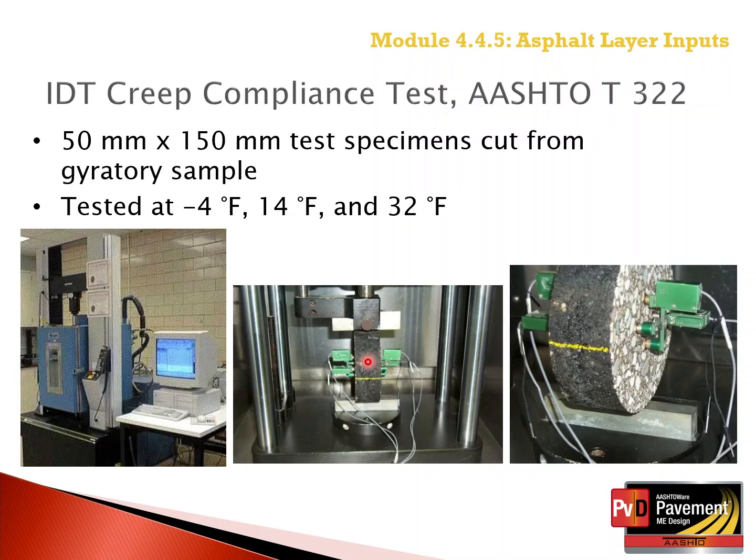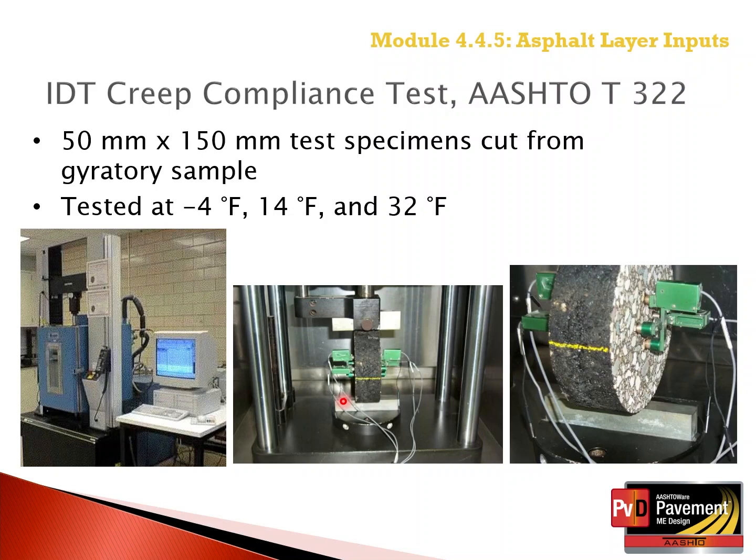The equipment typically consists of a servo hydraulic loading frame, environmental chamber, and computer-controlled data acquisition system. The photograph on the left shows the outside of the environmental chamber and monitor used to conduct the indirect tensile creep compliance and tensile strength test.